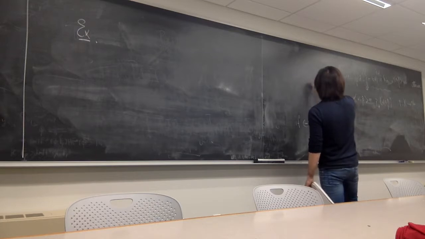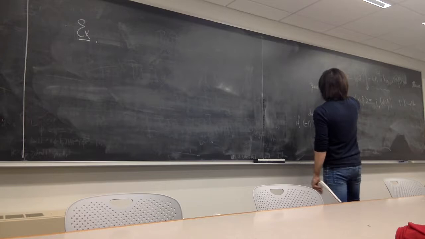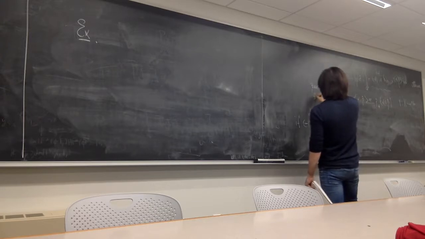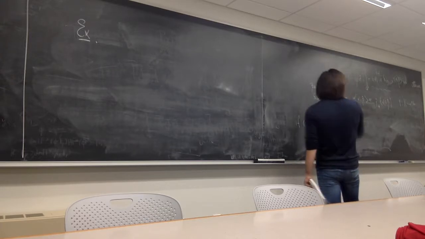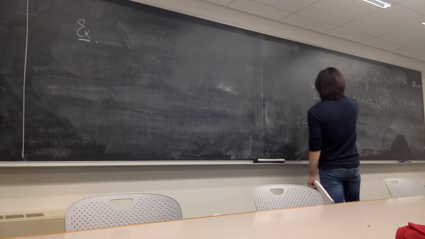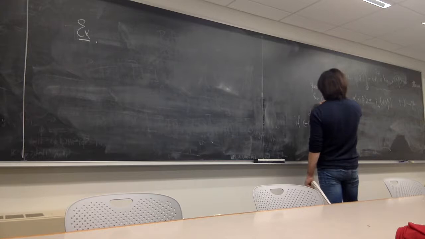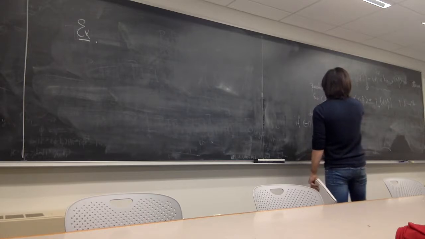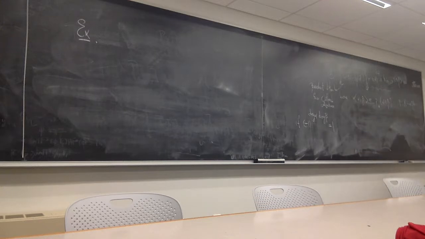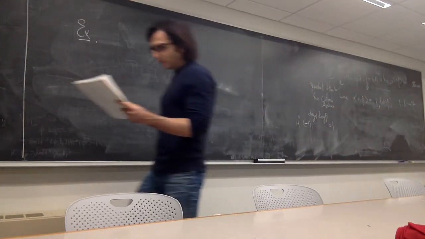Or the bracket defined for Heisenberg, actually. Is it Clifford? So the square bracket is the one for Heisenberg, and the curly one is the one for Clifford. Okay, good. Now it's much better.